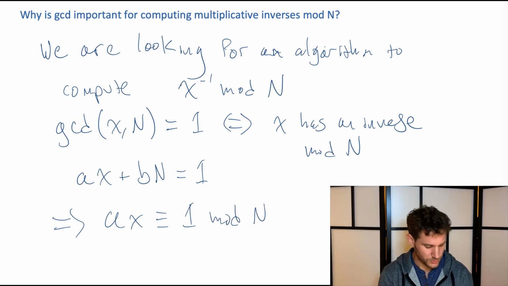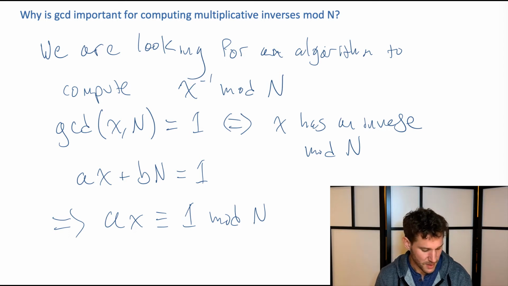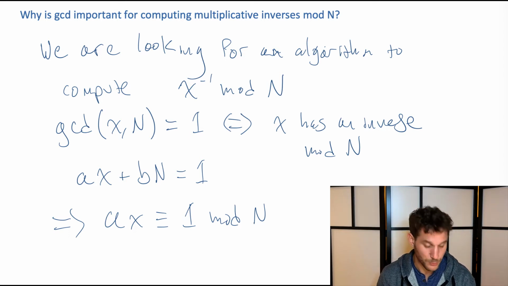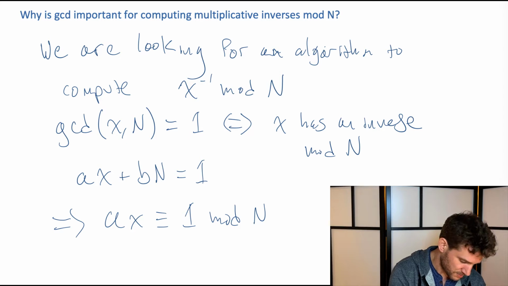Why is that true? Well, it's true because you'll notice that I've written AX as being equal to a multiple of n, an integer multiple of n, plus 1. So clearly the remainder upon division by n, if I were to divide AX by n, would be 1, just looking at this expression right here.